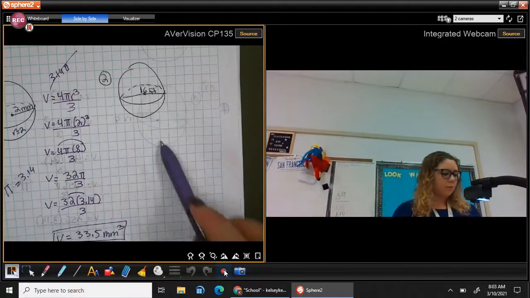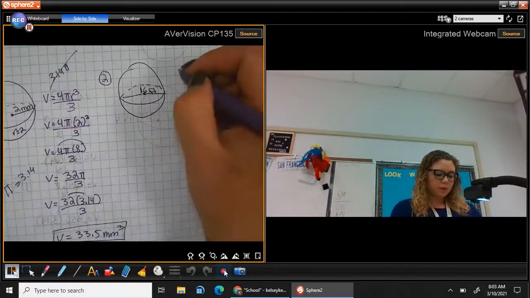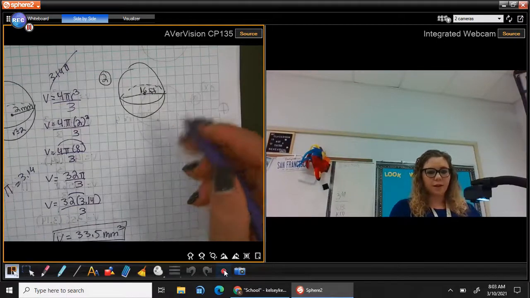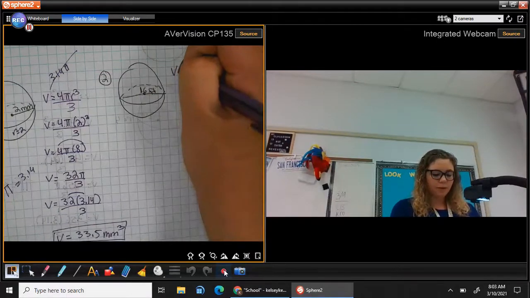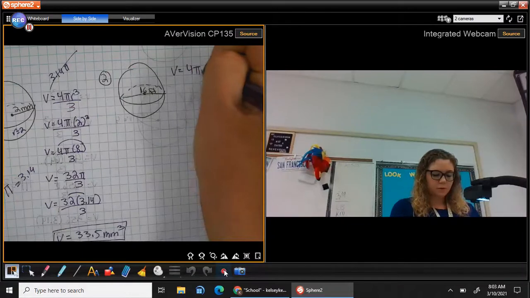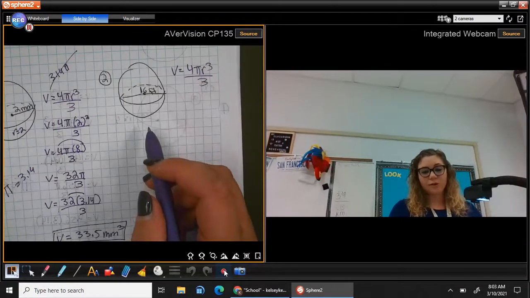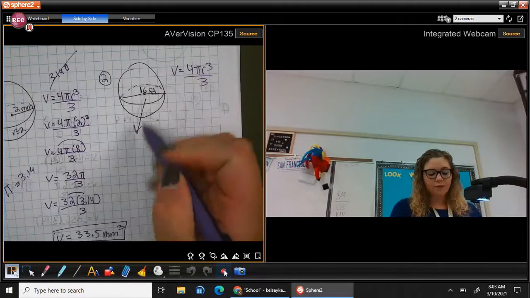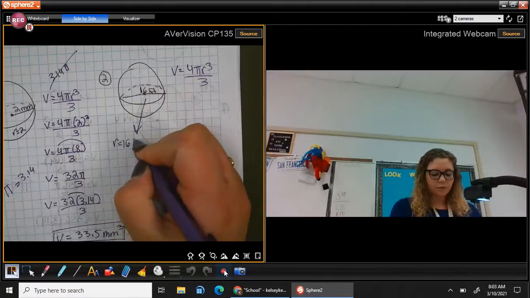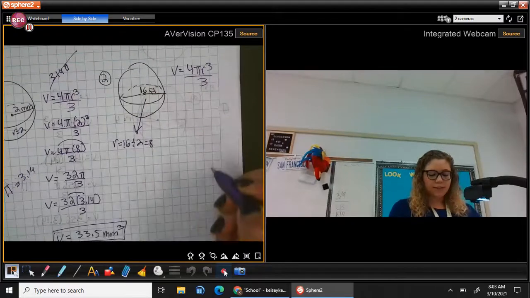Let's go to 2. So again, this is a sphere. I'm trying to find a volume, so I'm going to use my volume formula. Okay, do I have a radius? No, I have a diameter. So I have to divide by 2 to find my radius. So my radius is 8.